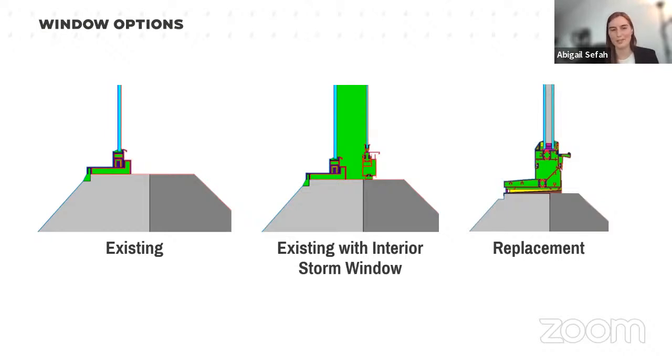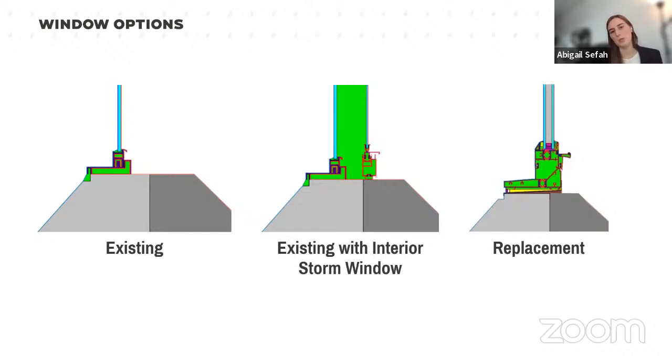So it does still address the life safety concern, but it doesn't really address our other concerns. Our remediation option is doing those same repairs to the existing windows, but then also adding an interior storm window, which is right here. And this would help reduce the air leakiness and ideally help make the occupants more comfortable.